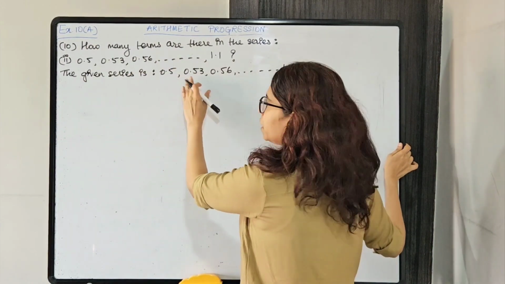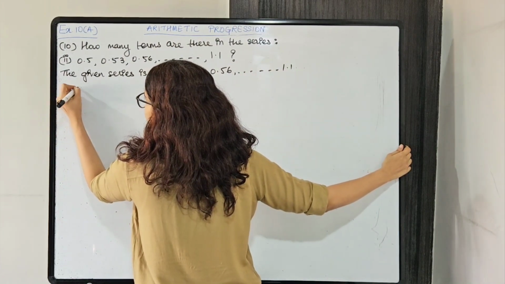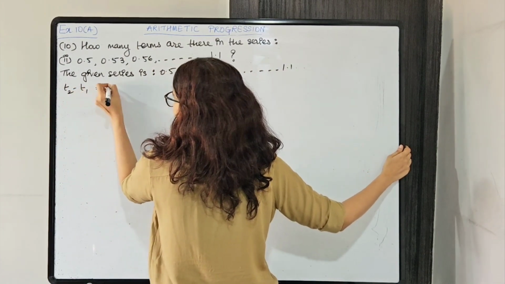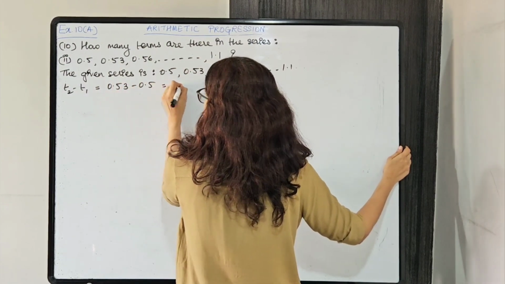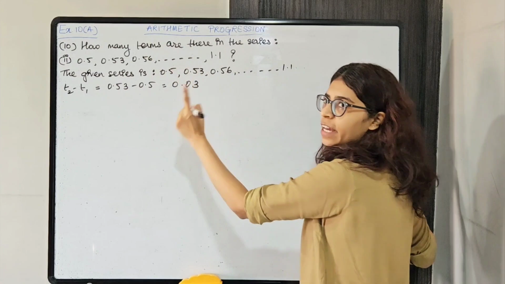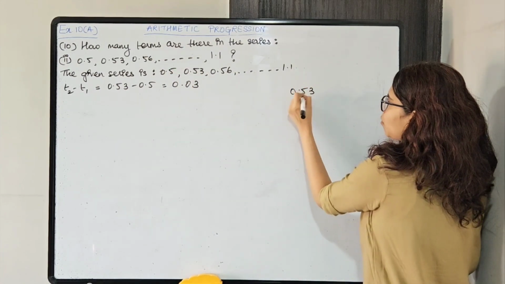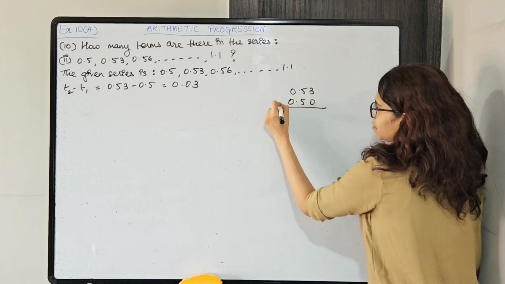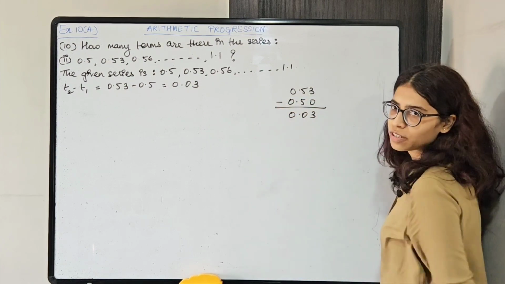Difference check करेंगे between two consecutive terms. You need to prove that this is an AP, so T2 minus T1 will be 0.53 minus 0.5, that is 0.03. Be very careful over here. Subtraction के time पे some of you might make mistakes because decimals हैं, so 0.03 हो जाएगा.